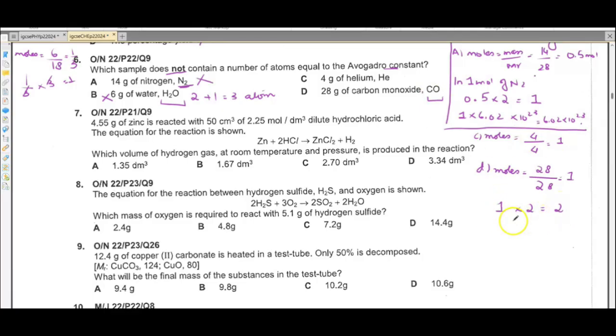So this is going to give us 2. Okay, and if we multiply 2 with 6.02 into 10 raised to the power 23, this is not going to be equal to 6.02 into 10 raised to the power 23. So 28 grams of carbon monoxide has a number of atoms which is not equal to the Avogadro's constant. All these other samples have atoms equal to the number of Avogadro's constant.